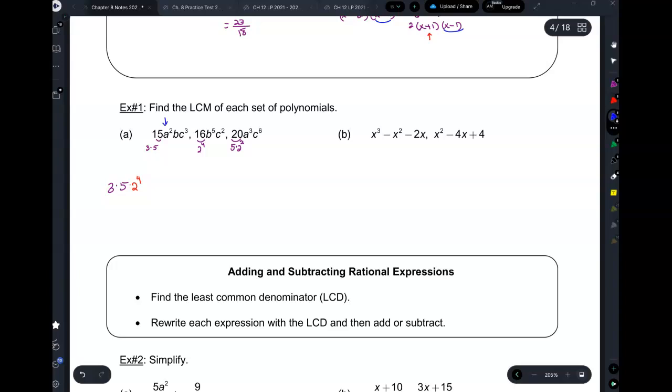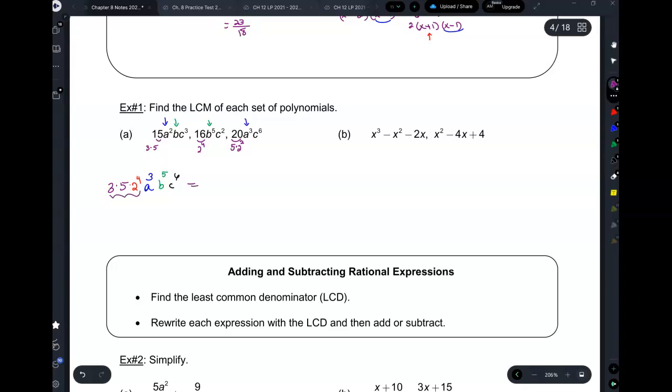I have an a squared and an a cubed. I take the one with the higher exponent, a cubed. What about the b's? I have a b to the 1, b to the 5. I take b to the 5, and the c's, c to the 6th. So that's my LCD, but then of course you have to simplify that.